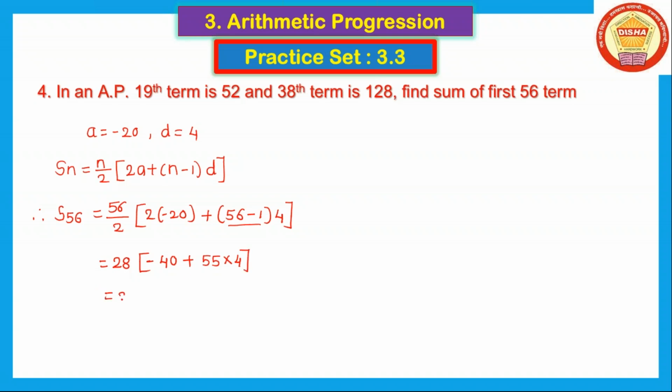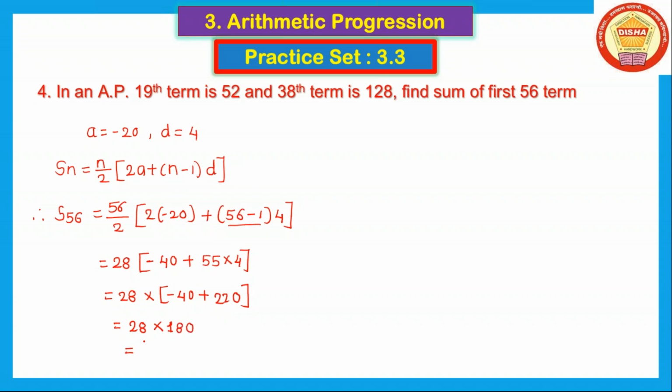Again we solve this. 28 into negative 40 plus the multiplication of 55 into 4, that is 220. So 28 into the sum of both the numbers, that is negative 40 plus 220, which is equal to 180.